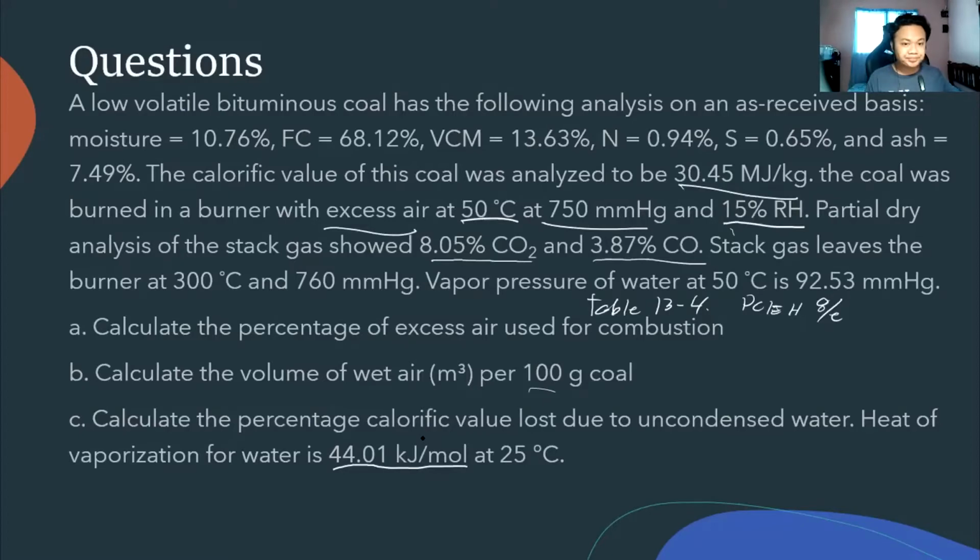As always, we have to draw the system, right?